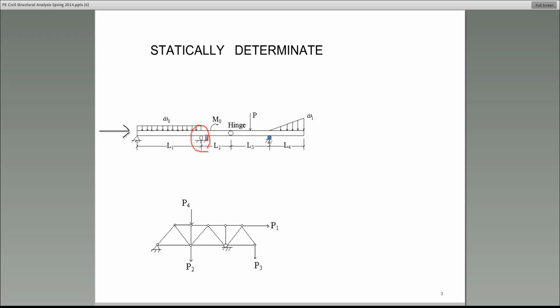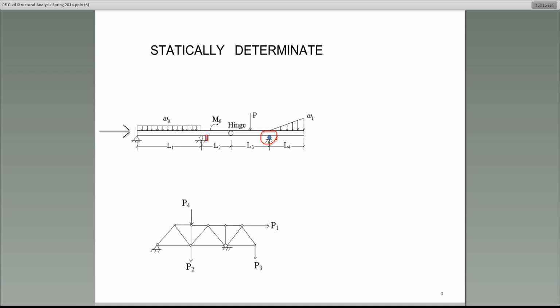Now, how many other reactions do we have here? Well, first, let's look at how many unknowns we have. This is another support that we have. Now, this support, what kind of support is this? You're right, that's a roller. So how many total unknowns, the total reactions, do we have?